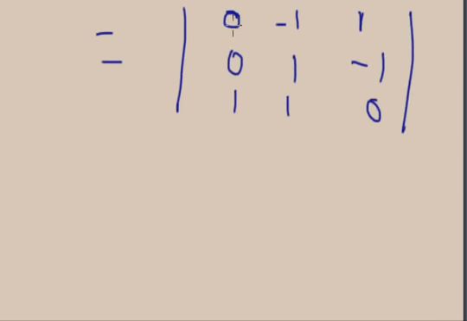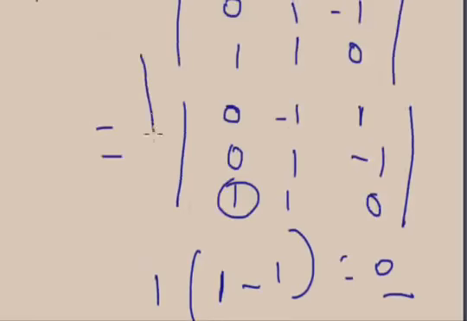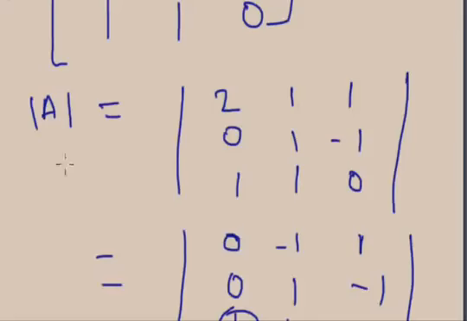So in this I'm expanding through this column, so 0, so 0, and for 1 into 1 is 1, minus 1 into minus 1 is 1, minus 1 into 1 is 1, so 0. That means the determinant value of A is 0.